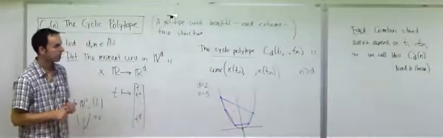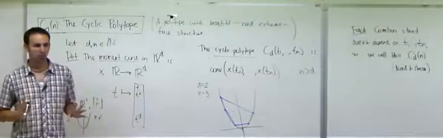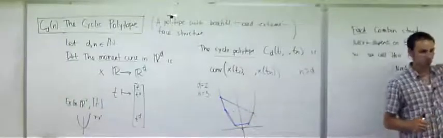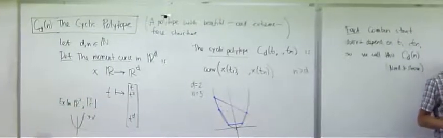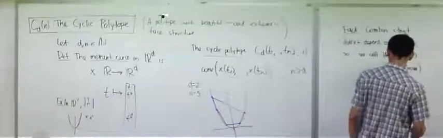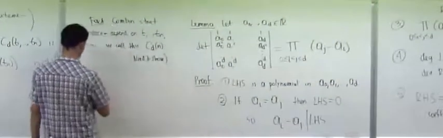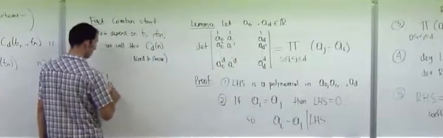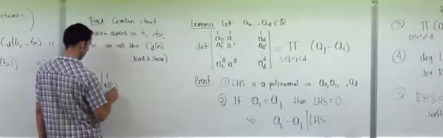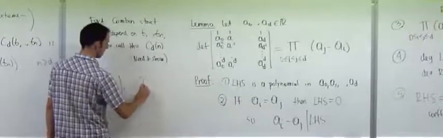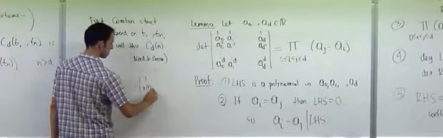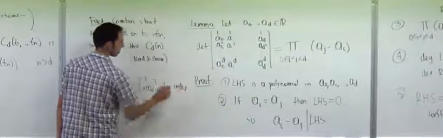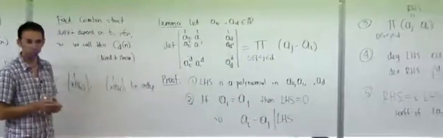Okay. Let me just make one last statement about this, which is that if these numbers are different, that means the determinant is not 0. Right? So the corollary is that these things are linearly independent, because the determinant is not 0.